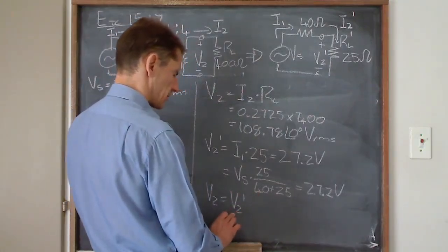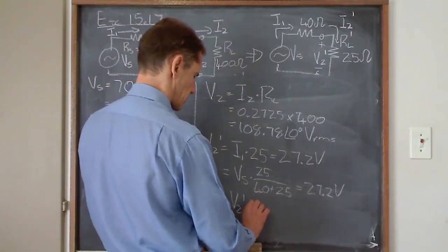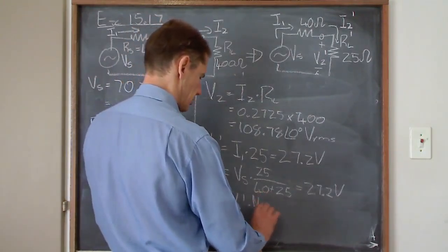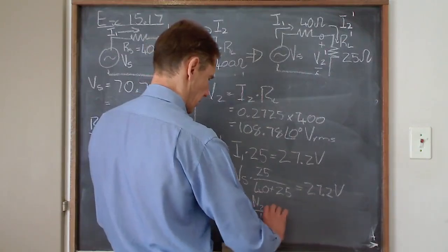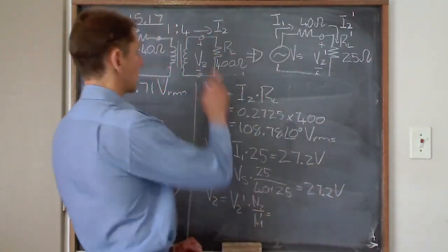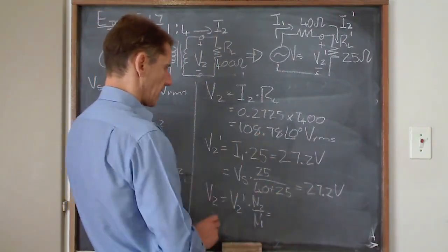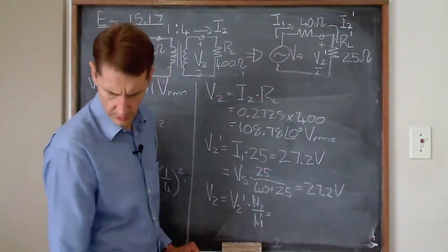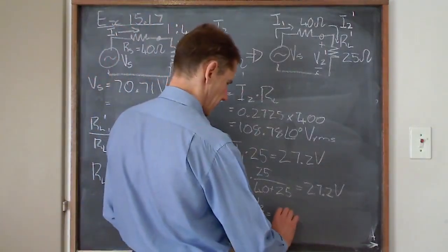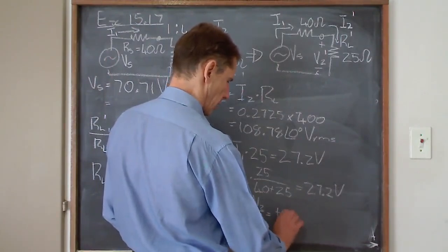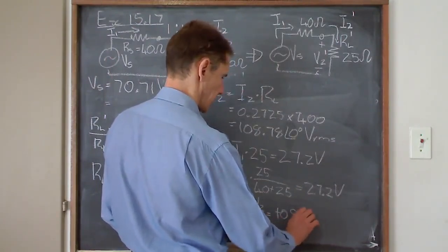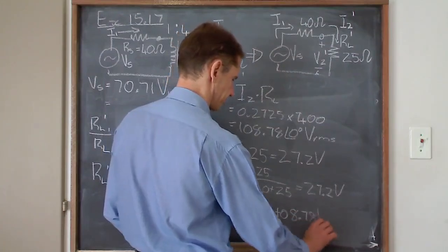Then you could refer it over, so V2 equals V2 prime times N2 over N1, so 4 times the 27.2, which gives you 108.78 volts.